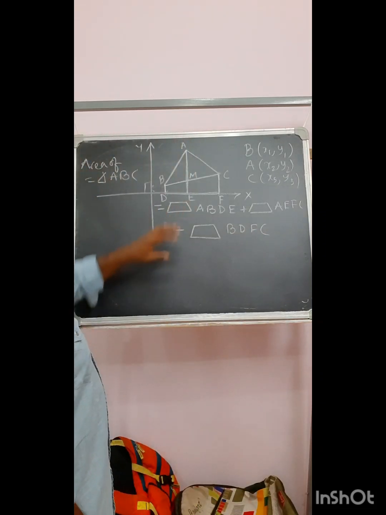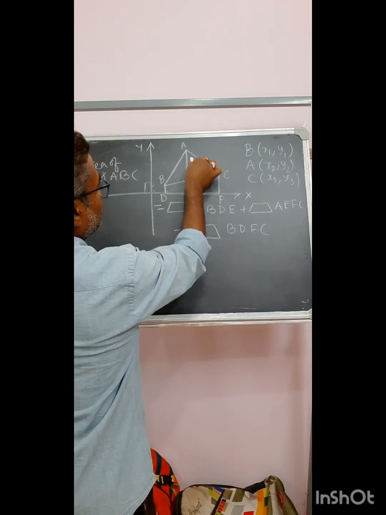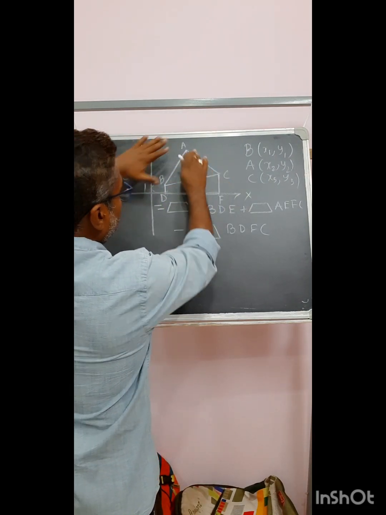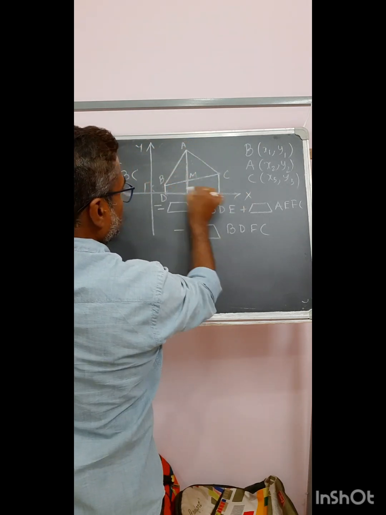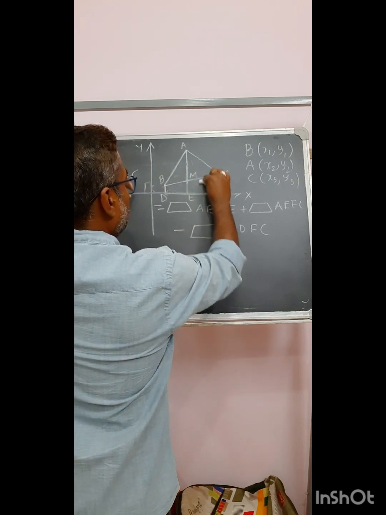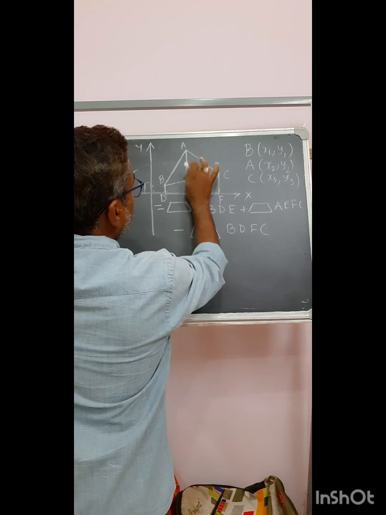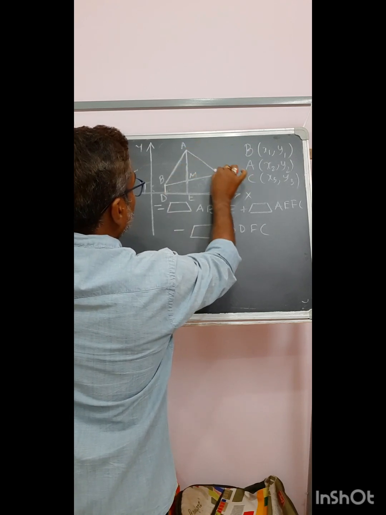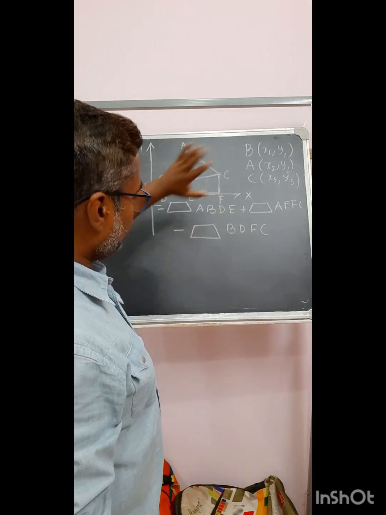You can see that the first total plus the second gives the total confined area within A, B, D, F, C. From there, if I deduct this part, I will remain with this triangle only.